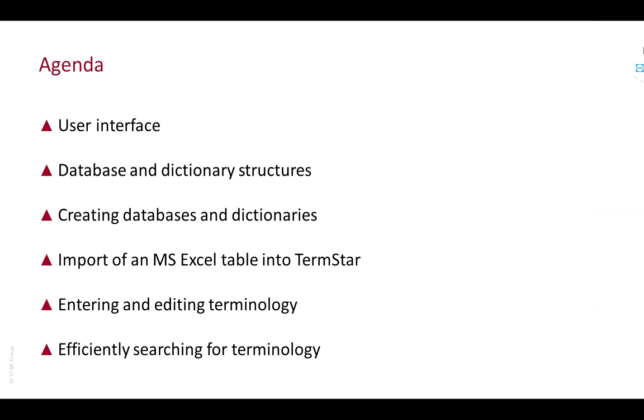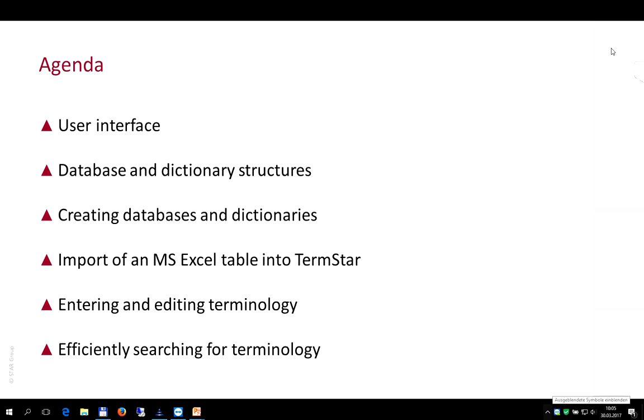You have two different icons for Transit and TermStar on your desktop. However, you can get TermStar as standalone program. Its functionality is identical, but then you'll only see the menus that are relevant for TermStar. Today, I'm going to show you TermStar in Transit because this is the most common case.